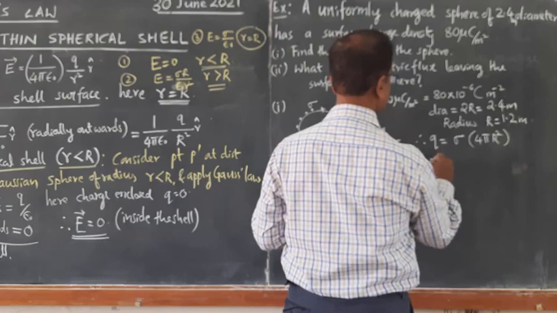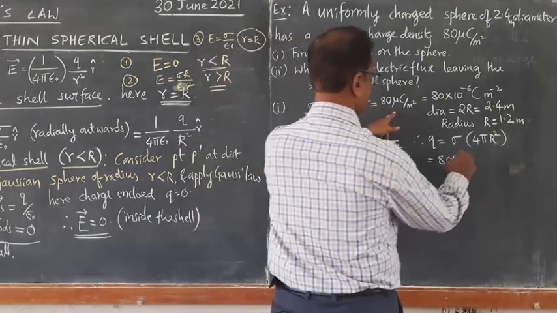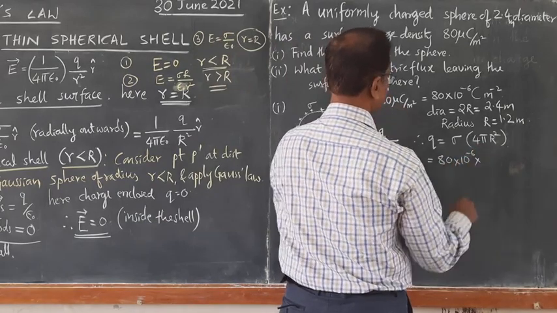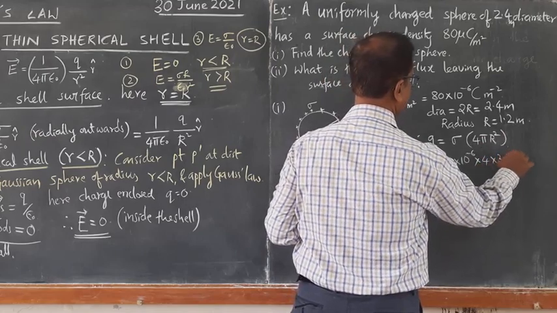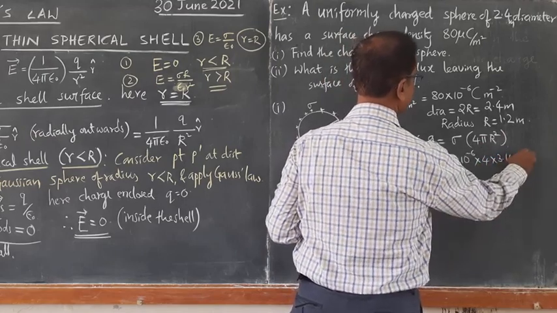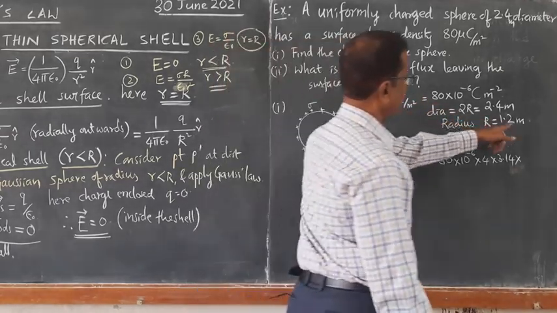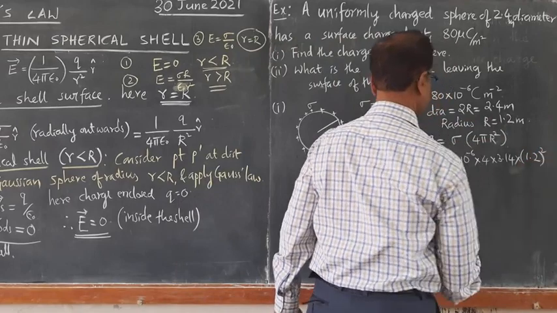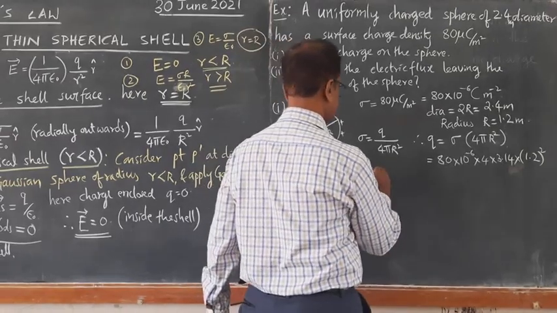If you substitute 80 into 10 raised to minus 6 into 4 into 3.14 into r square, r square is 1.2 whole square.